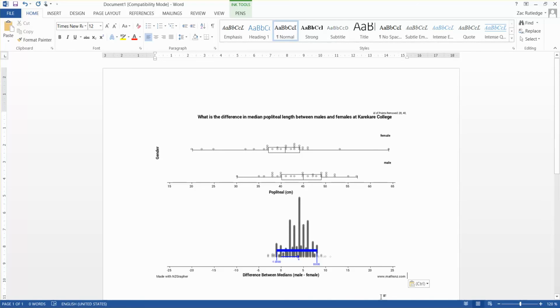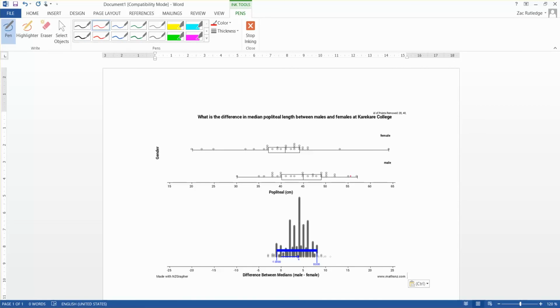Okay, there are a few things to make sure that we know about, and that is that each little dot on this graph here, each one of those dots is a person, and it's on the graph at their particular popliteal length. That's different to this graph here.